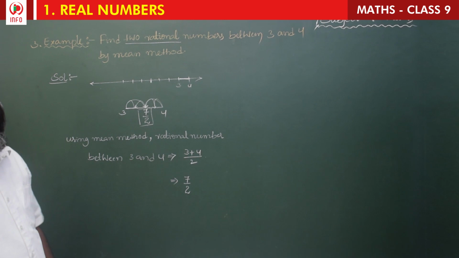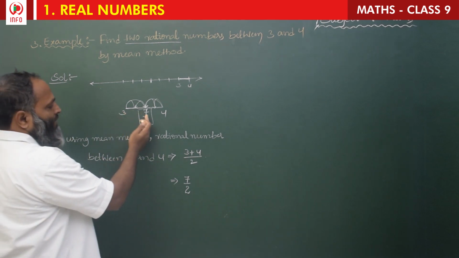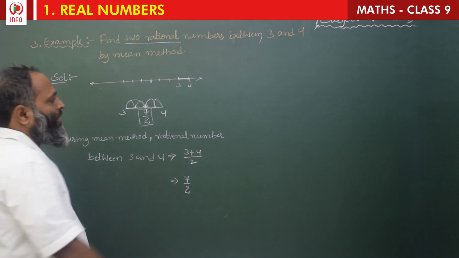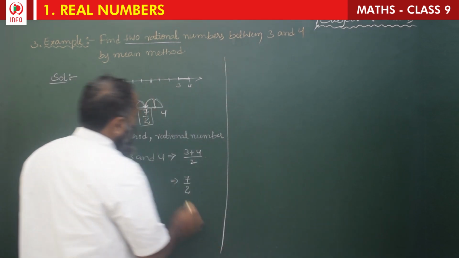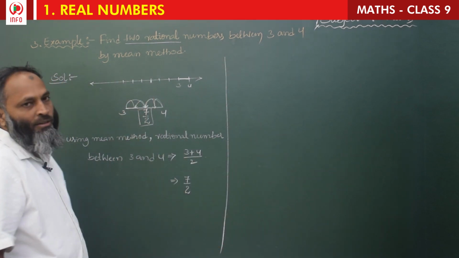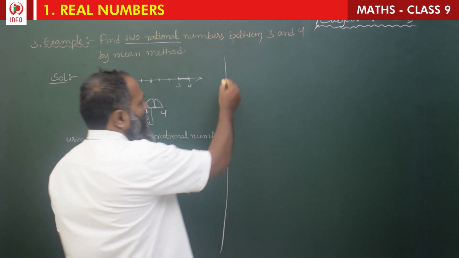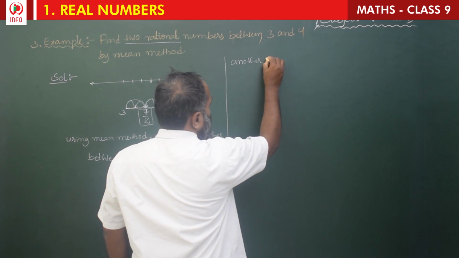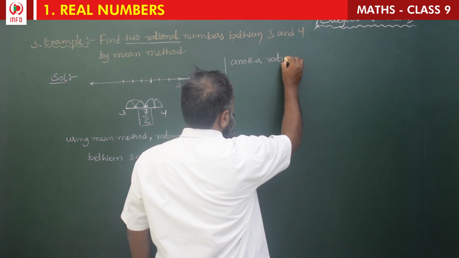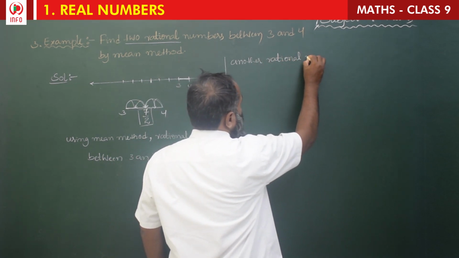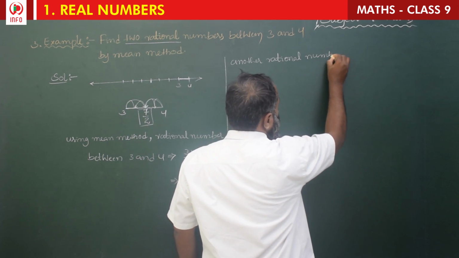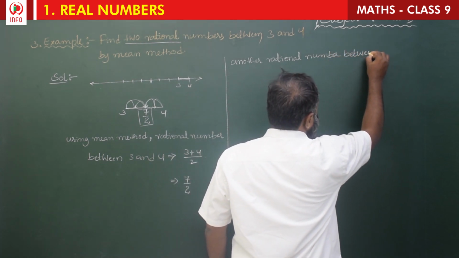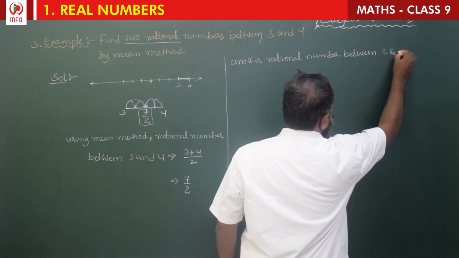Any one number you can find, either between 3 and 7 by 2, or between 7 by 2 and 4. So now I want to find the number between 3 and 7 by 2, another rational number between 3 and 7 by 2.